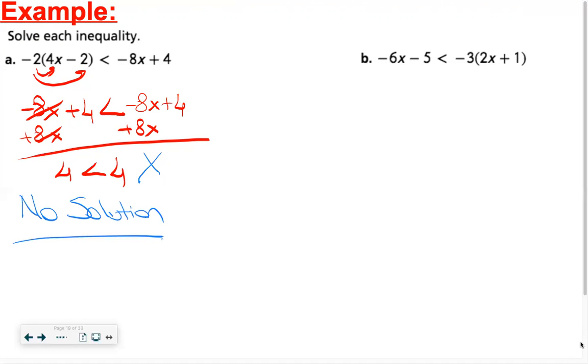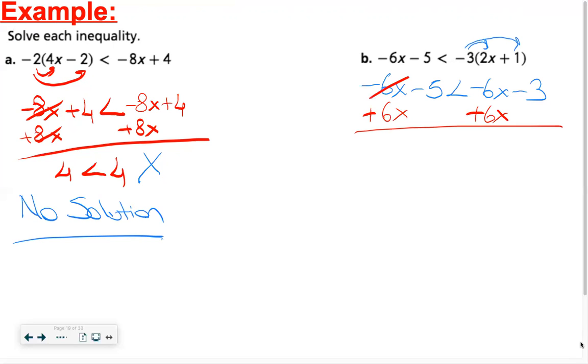What about this part? When you distribute -3 into the parentheses, you will get -6x minus 5 is less than -6x minus 3. If you cancel out 6x, to be able to do that, you have to add 6x to both sides, then you will get -5 is less than -3. Is this inequality true?